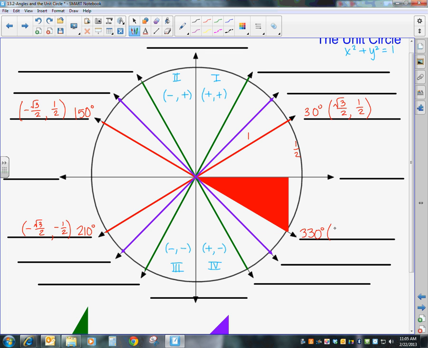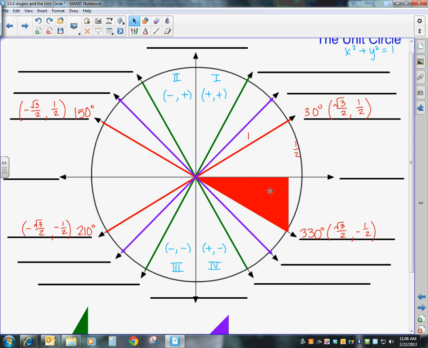My coordinates are the same. So our coordinates, I'm back to a positive x and a negative y.